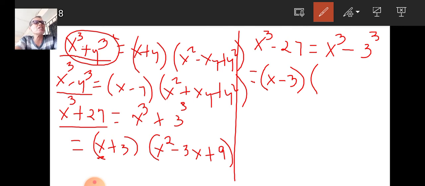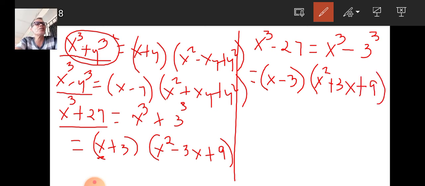Square of x, you will have x squared. Since it is negative, the second sign of the second factor must be positive, then multiply x times 3 to get 3x, then plus 3 times 3 is 9.